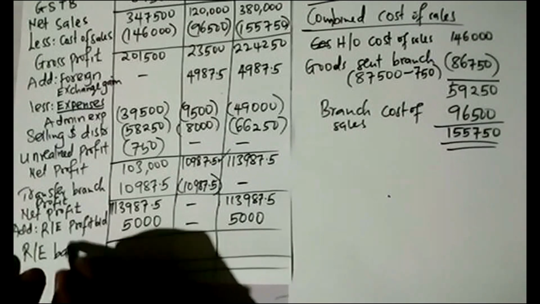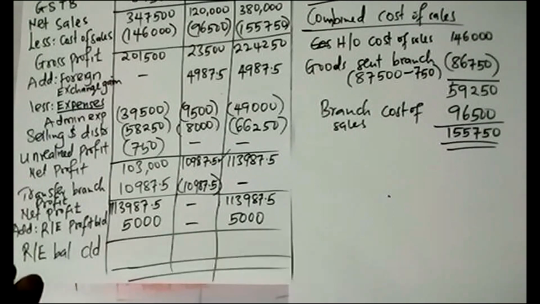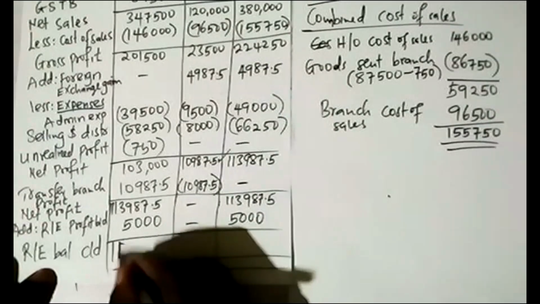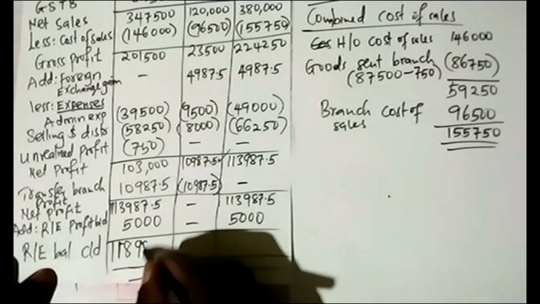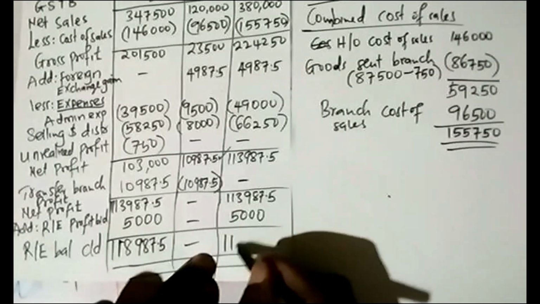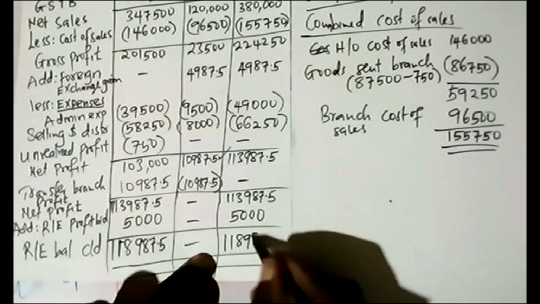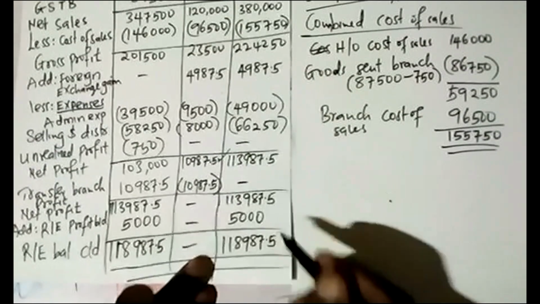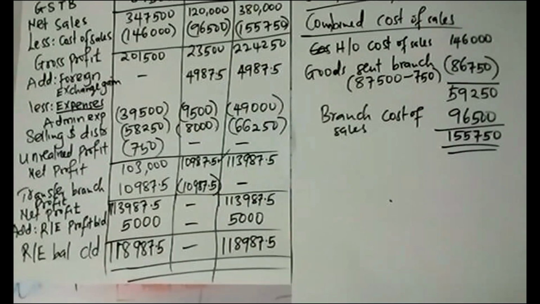Retained earnings balance carried down, or retained profit balance carried down, which would be 118,987.5. So we are done with the income statement.